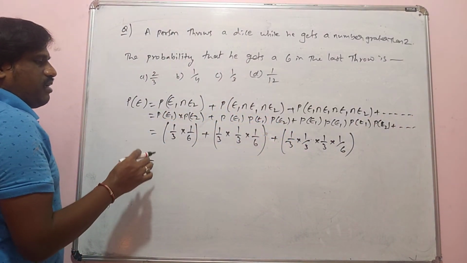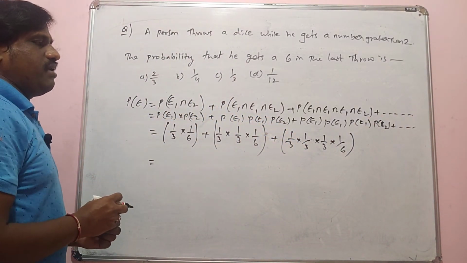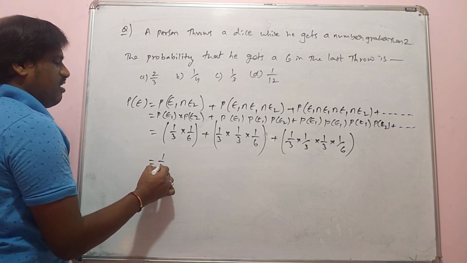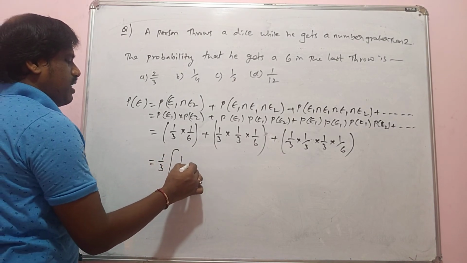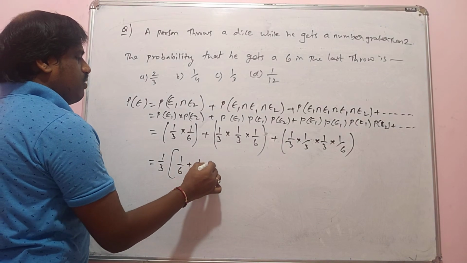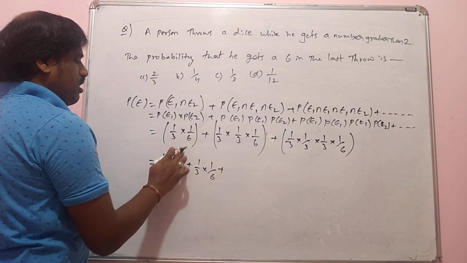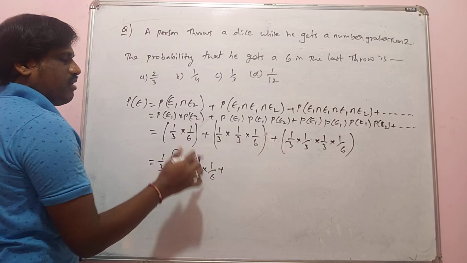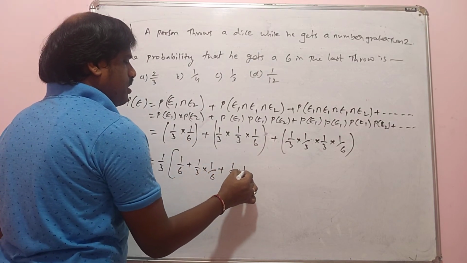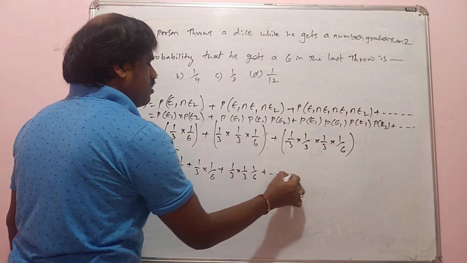Here 1 by 3 is common in all. If I take 1 by 3 common, I get 1 by 6 plus 1 by 3 into 1 by 6, plus 1 by 3 into 1 by 3 into 1 by 6, plus so on to infinity.